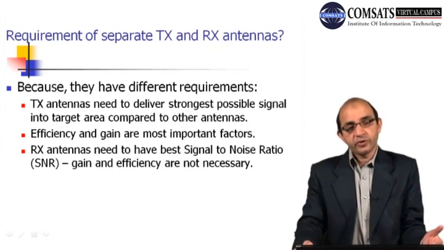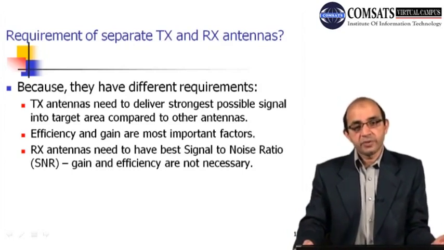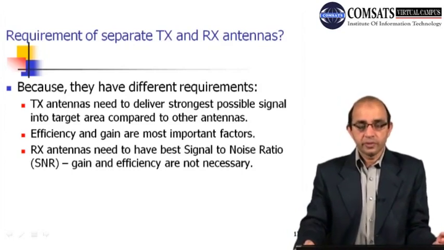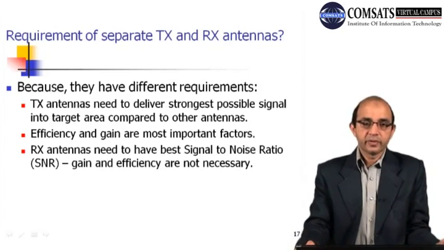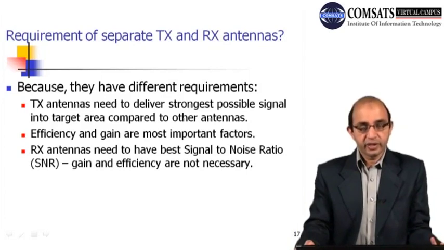So whenever we talk about the transmission, our objective is to transmit the maximum possible energy into the atmosphere, into free space, or maybe water. And here the efficiency and gain are the most important factors, right?